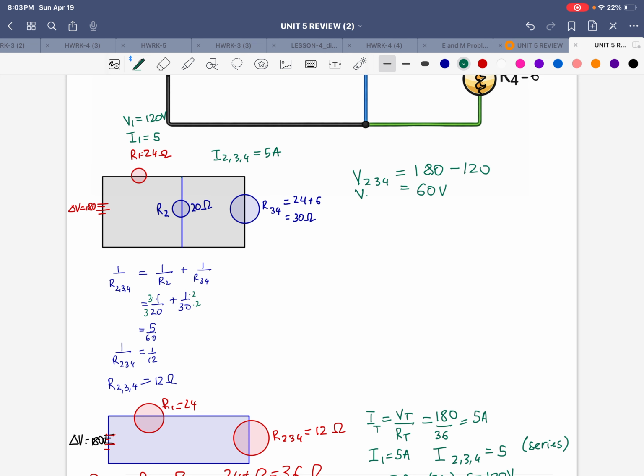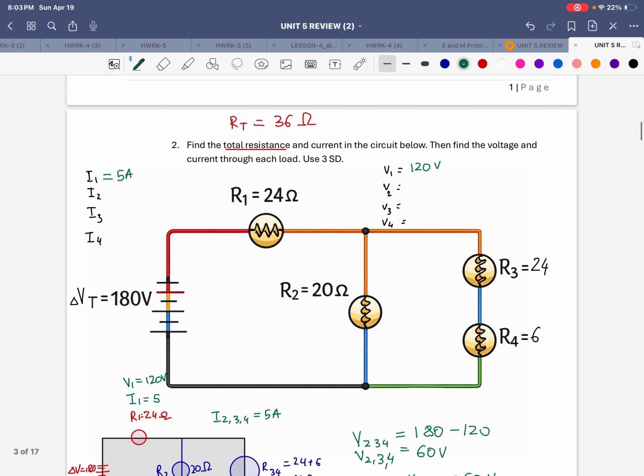Now, this will be the voltage in 2, 3, 4, right? Now, remember that because this is in parallel, the voltage in each part of the circuit is going to be equal. So in other words, V2 will be equal to V34. It is equal to 60 volts. So we got V2, 60 volts.